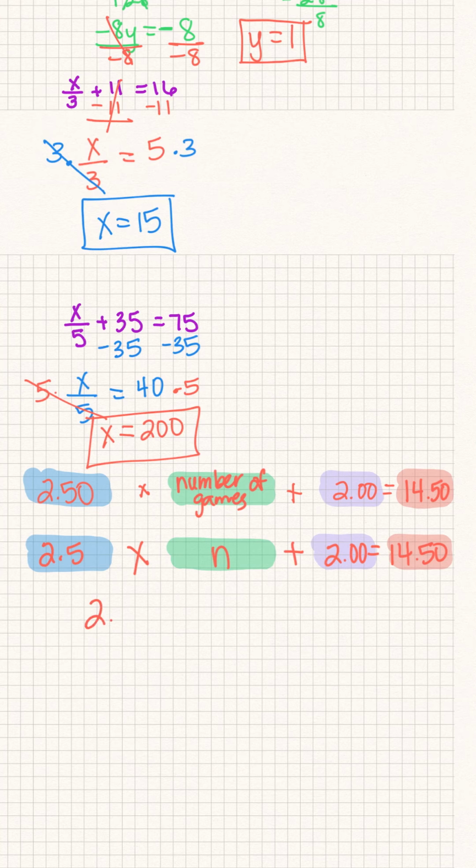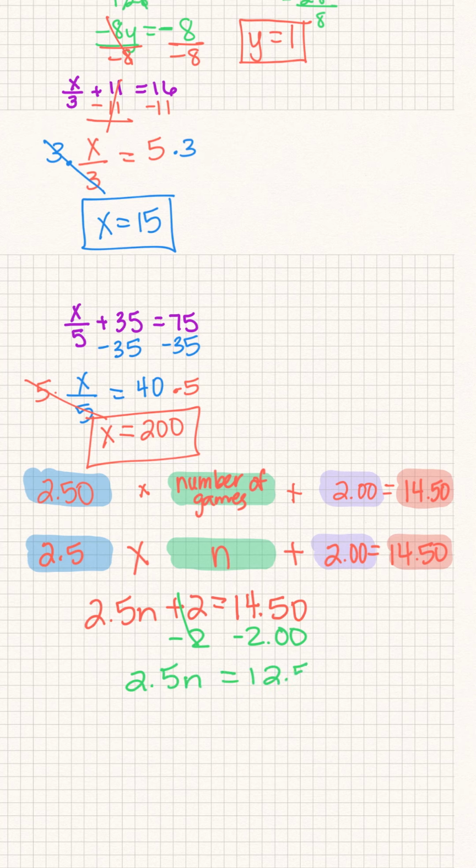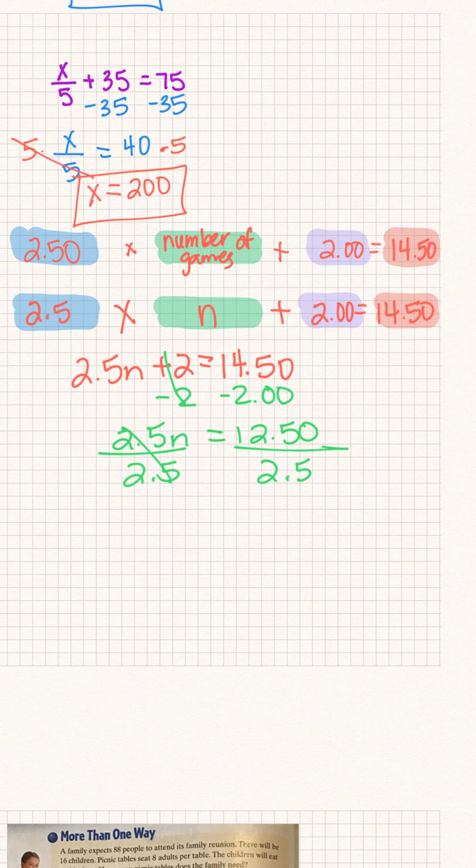So we can put these together. 2.5n plus 2 equals 14.50. First thing we want to do, get rid of the 2. Whatever we do to one side, we do to the other. To get rid of this one, they're being multiplied, the opposite, divide. If we do it to that side, we have to do it to this side.